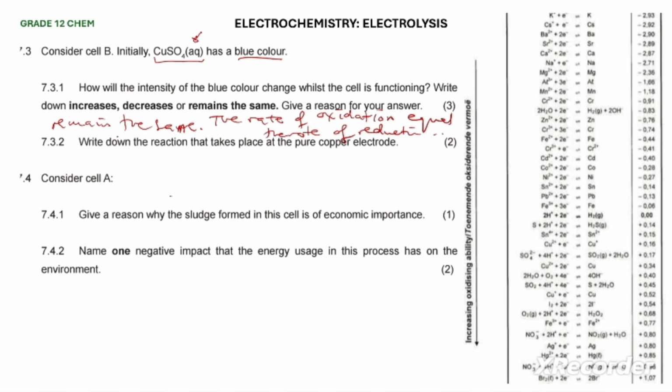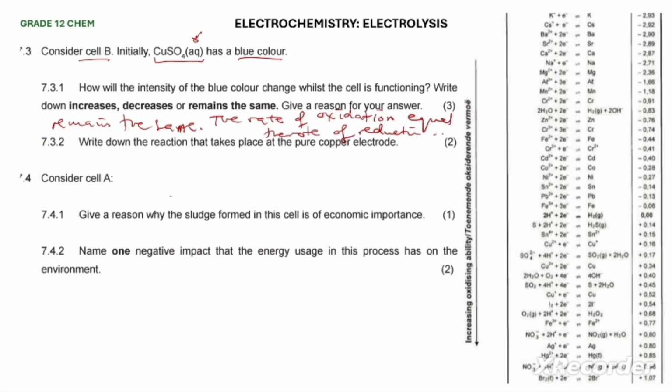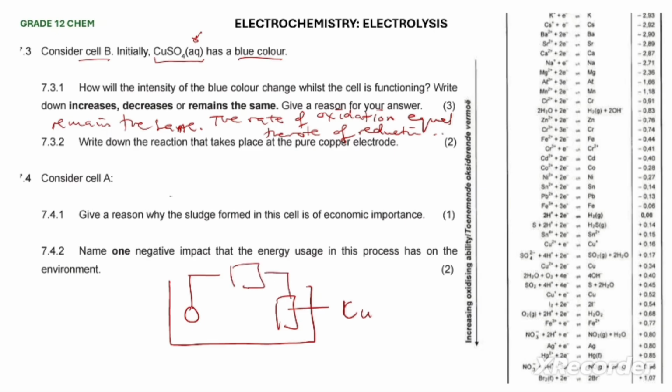I'm trying to rush here to cover our time. We don't want to make this too long. Write down the reaction that takes place at the copper electrode. We are focusing on cell B, remember? So let's have a look again at our cell B, which is this one. I'm going to try and copy that over here. There we go. We've got that copper, and then we've got the bracelet that we're trying to coat.